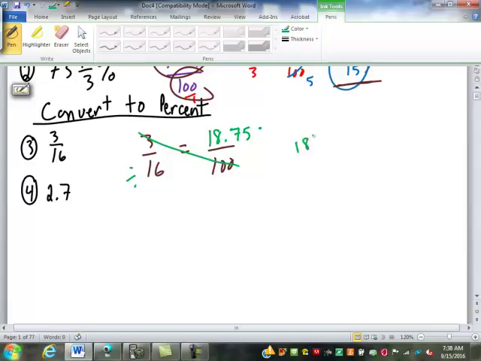So it's 18.75 out of 100, or 18.75%. Then 2.7. Perfect. You can move the decimal point. Make it 270. Any questions?